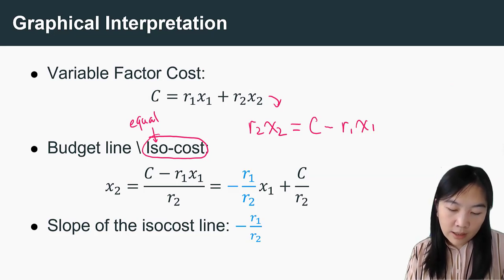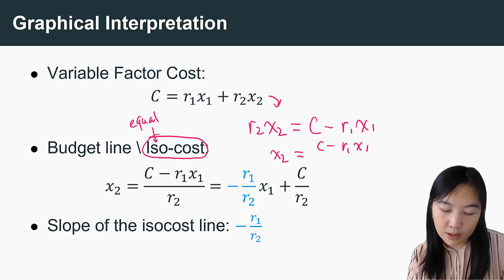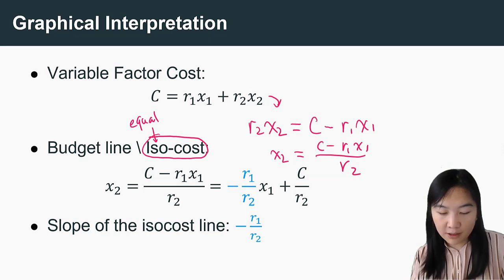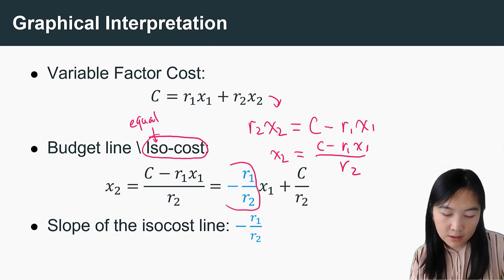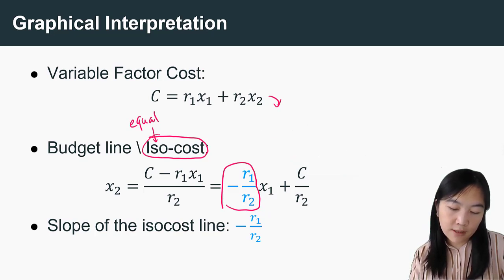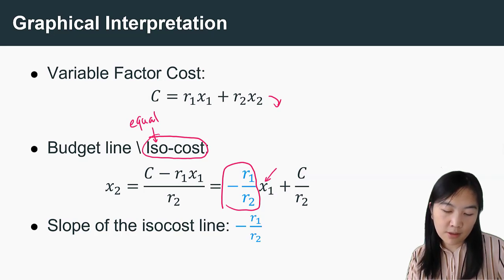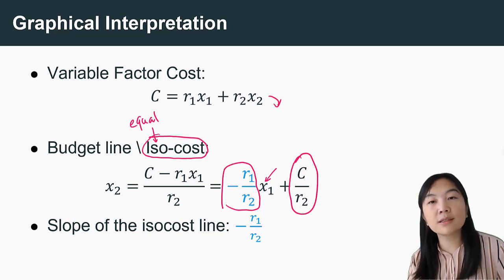Then we divide both sides by R2, and we end up with this term. If you further simplify it, this is the slope of the isocost curve, because this is the term in front of x1, and this is a constant that will be your intercept.